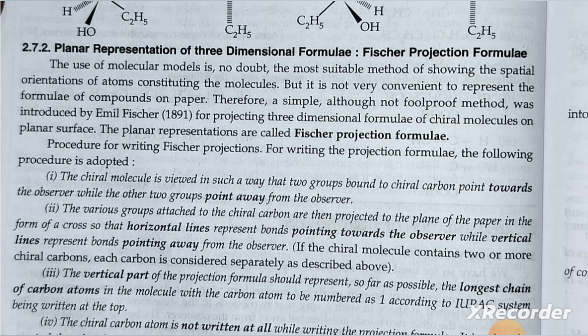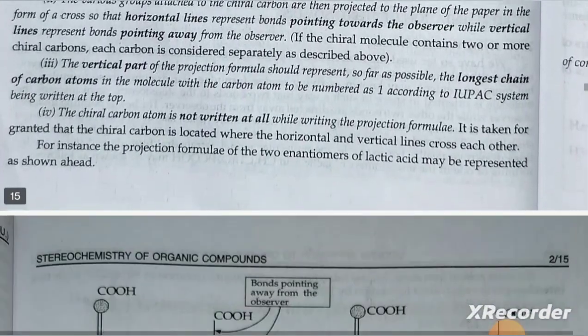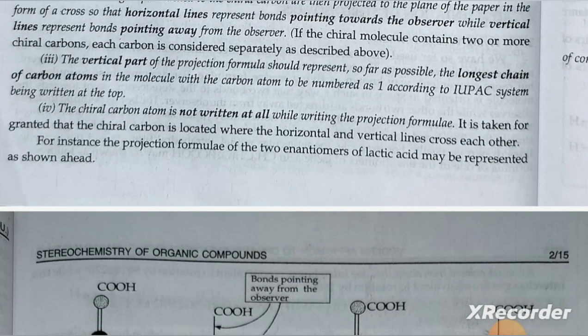Third, the vertical part of the projection formula should represent, as far as possible, the longest chain of carbon atoms in the molecule, with the carbon atom numbered as 1 according to the IUPAC system being written at the top. Fourth, the chiral carbon atom is not written at all. While writing the projection formula, it is taken for granted that the chiral carbon is located where the horizontal and vertical lines cross each other.